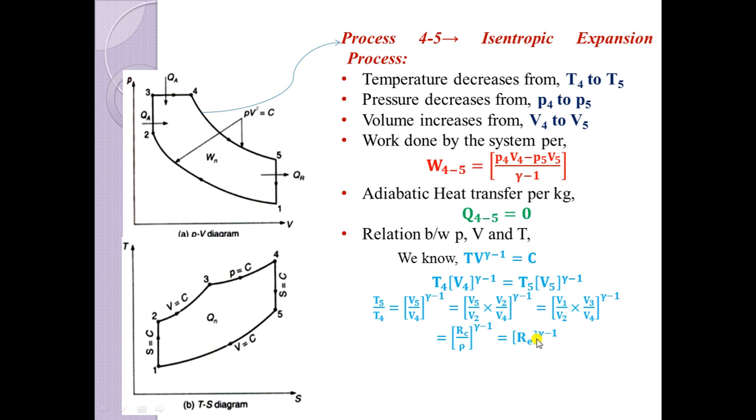So RC over rho can be written as the expansion ratio, and finally we will get T5 is equal to alpha into rho T1 RC^(gamma-1) into (RC over rho)^(gamma-1). The final expression here is T5 is equal to alpha into rho^gamma T1.